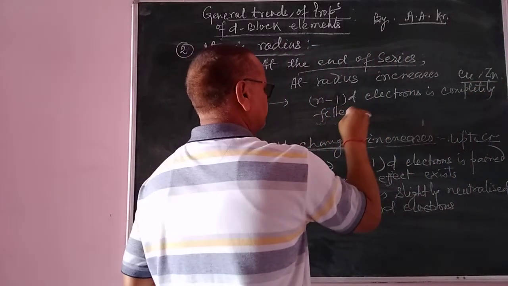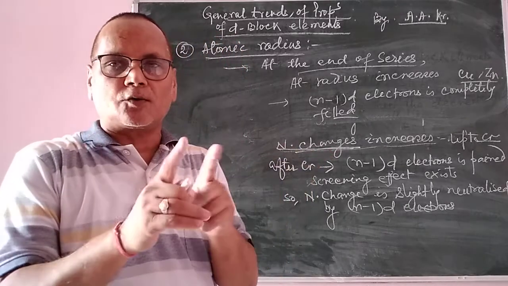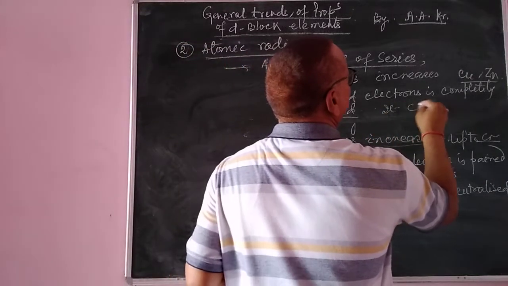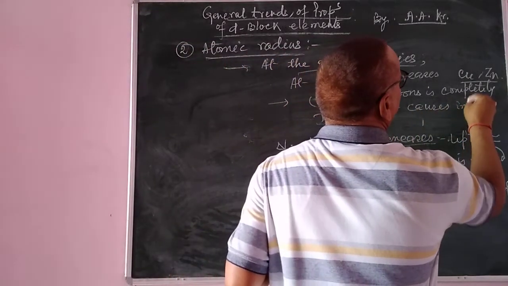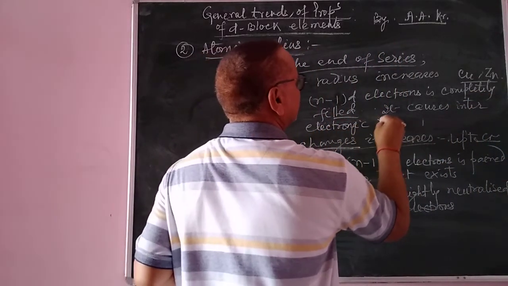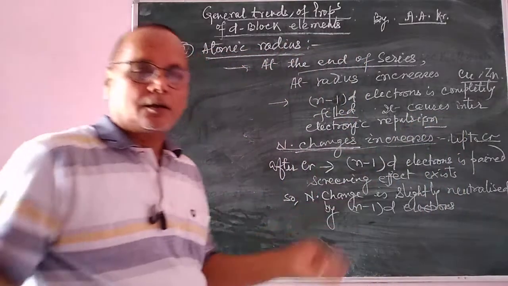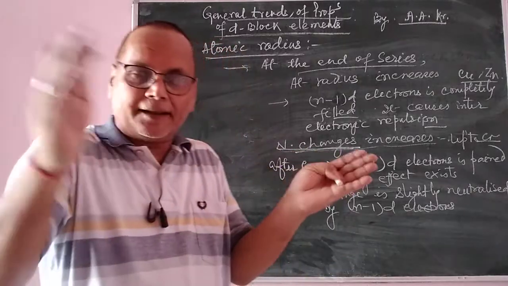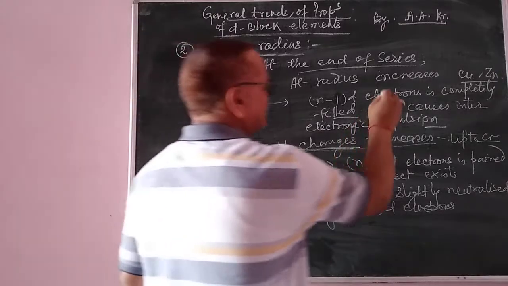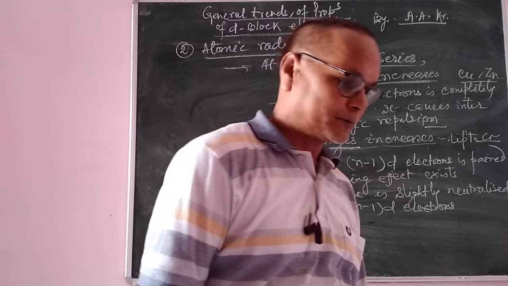This causes inter-electronic repulsion, so the outermost orbit goes far from the nucleus. Thus the atomic radius increases at the end of the series.